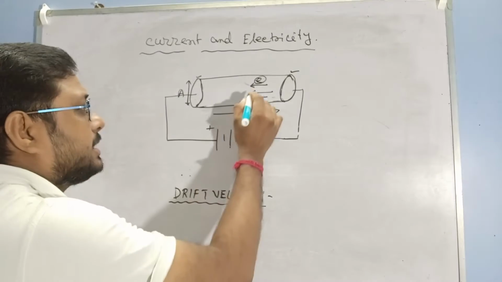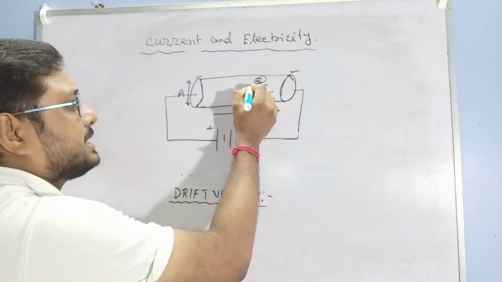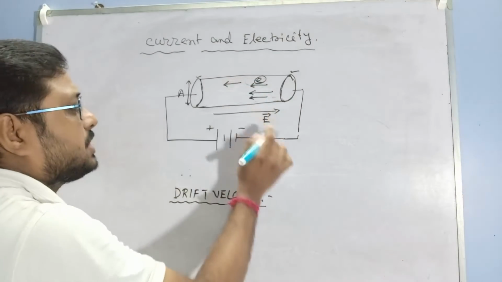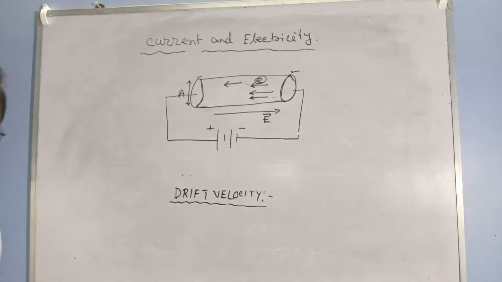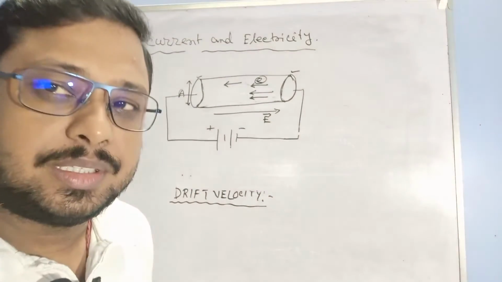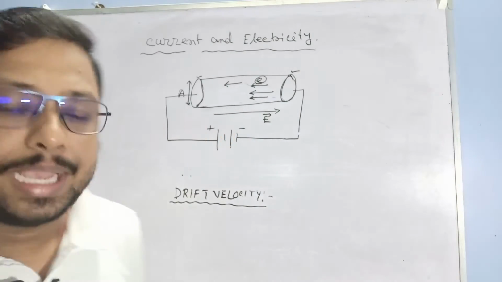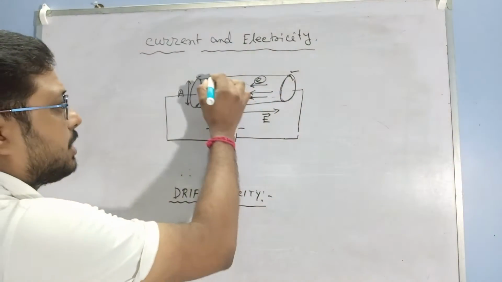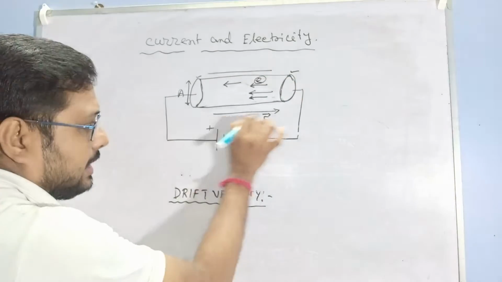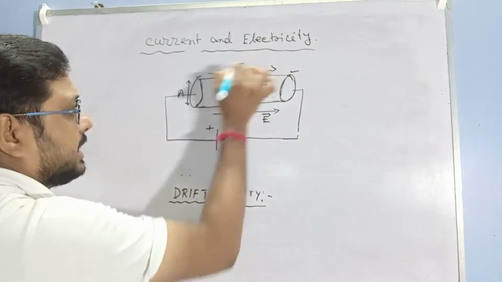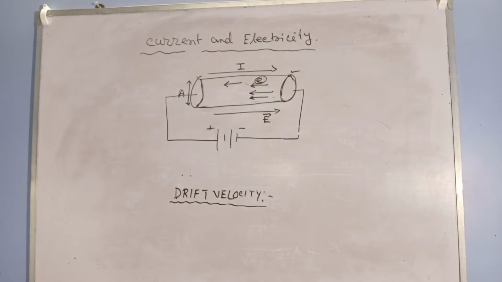The velocity and acceleration of electrons are along the direction opposite to the electric field. Therefore, a net current is introduced opposite to the motion of electrons, that is, along the electric field, from positive to negative.